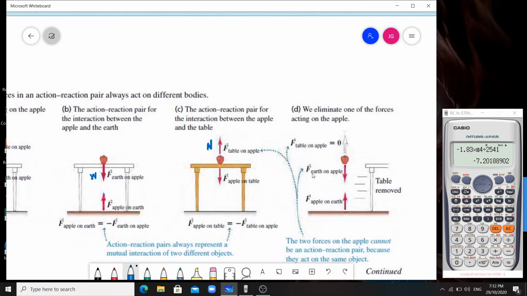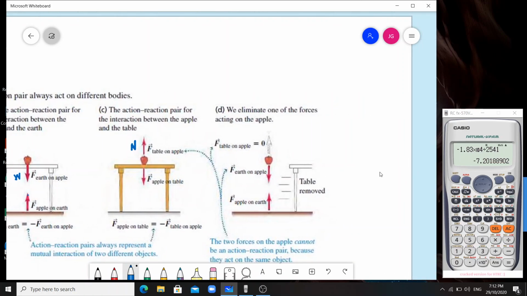And then, pag inalis naman natin si table, okay, i-remove natin si table. So, wala na yung normal force natin sa surface. Meron na lang is yung weight, which is the force exerted by the earth on the apple, at saka yung reaction niya, the force exerted by the apple on earth.